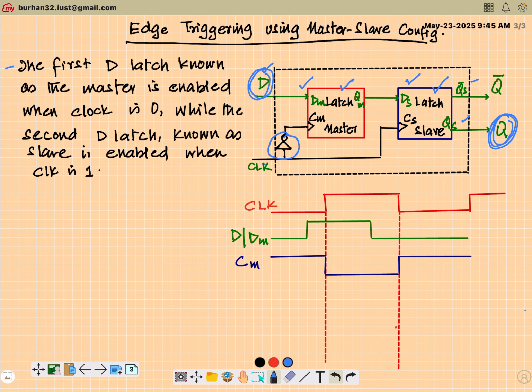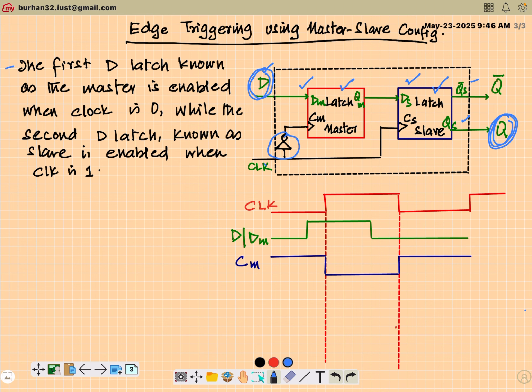Now, to understand the behavior of this circuit, we will draw a timing diagram here. I've already drawn some waveforms. Here is my main clock. It has a low pulse, then a high pulse, a low pulse, and so on; it's a periodic signal. Then I have this external input D, which is the input to the master latch, DM, and it goes low, then goes high, then remains low throughout.